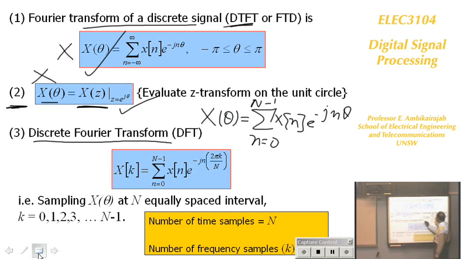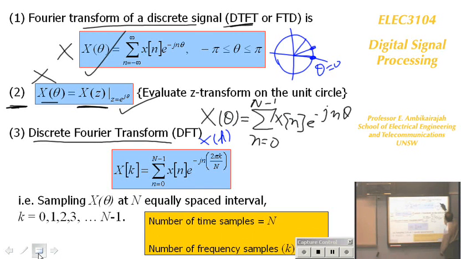You're saying x theta now becomes xk. K means I take the unit circle and find the first frequency theta equals 0, then the next frequency, they are equally spaced. So I could say 2 pi is divided by n points.